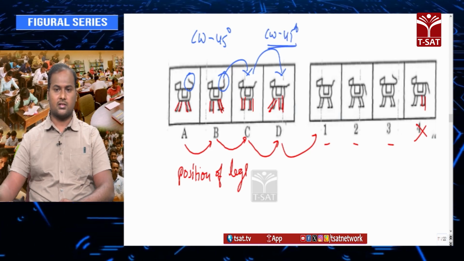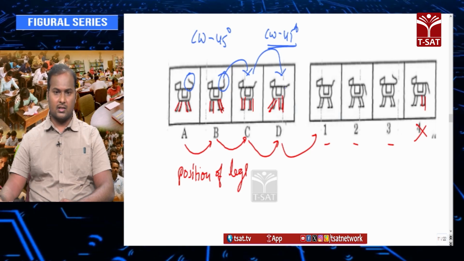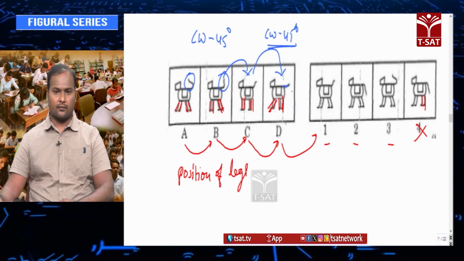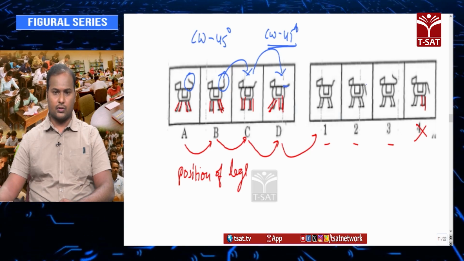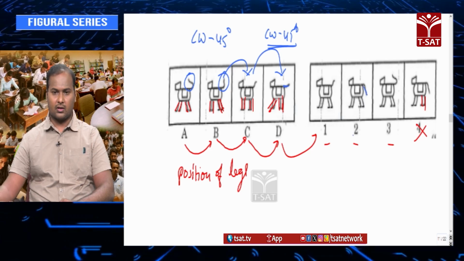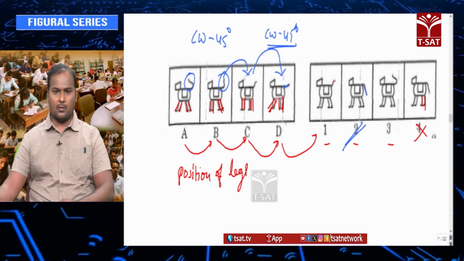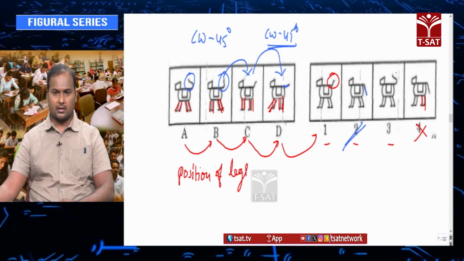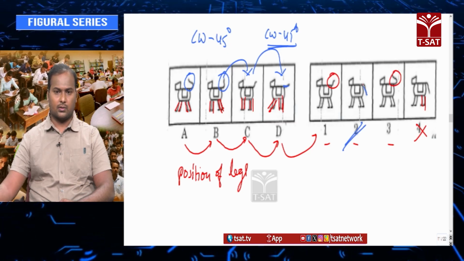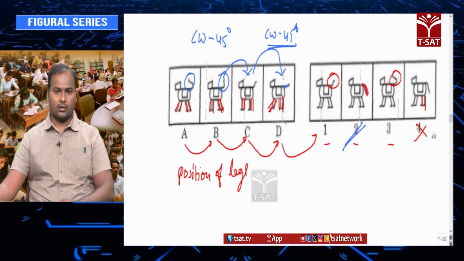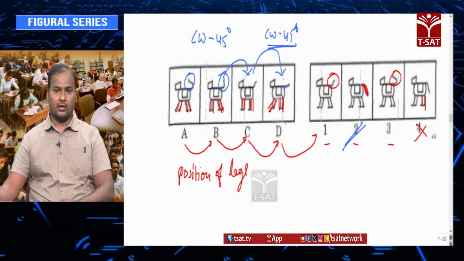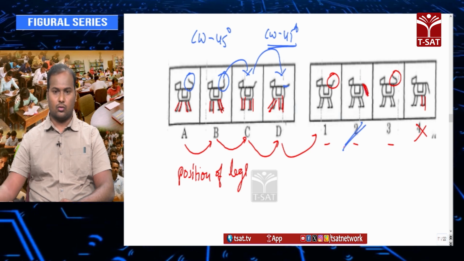Apply this change and get the answer. Now the tail position is straight. If it rotates 45 clockwise, the position will become down. So your answer is the second option. Because in option 1 and option 3, the tail is up. They are not rotating actually. In case of option 2, you can see the rotation from figure D to get the answer 2.